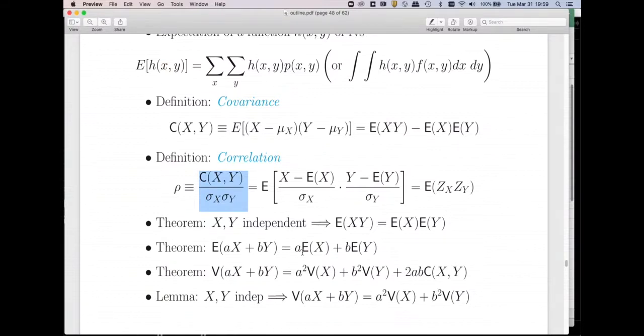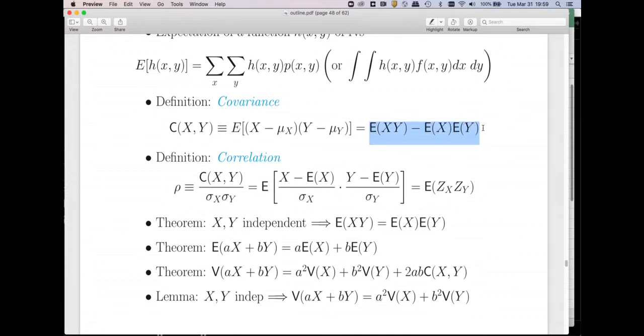There's a few more results that you need to know about from basic probability theory. So when x and y are independent of one another, then E of XY is just the product of these expectations. Now, we've seen something like this before up here.